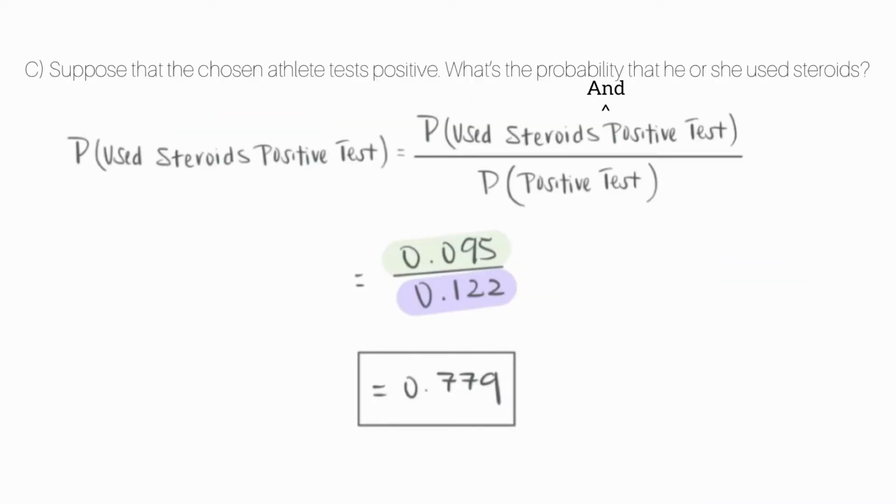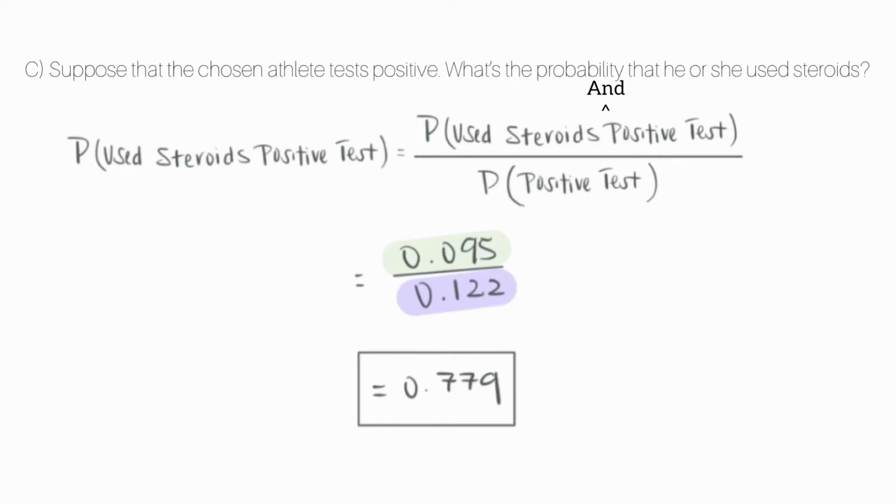Part C. Suppose that the chosen athlete tests positive. What's the probability that he or she used steroids? The fraction we're going to use is probability used steroids and positive tests over probability positive tests. In Part B, we have already solved the problem to find the positive test, which is 0.122.